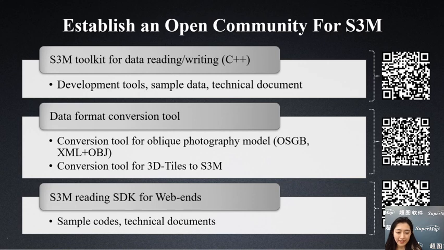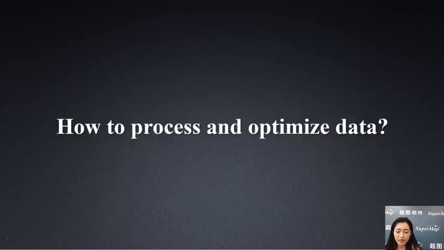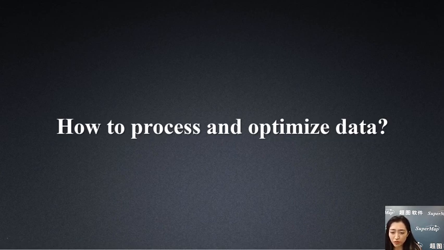Okay, and let's look at the oblique photography data. It is automatically generated from the area survey data, and the triangular grid is compressed and refined, resulting in a relatively large amount of oblique photography data, which brings severe challenges to data conversion, loading, and application performance.